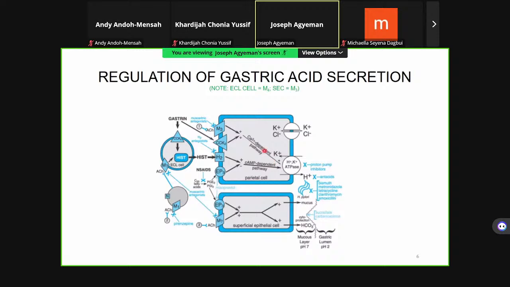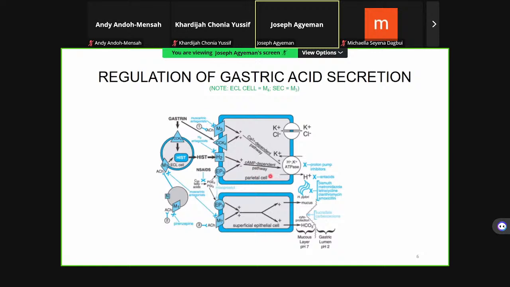In the presence of calcium, the ATPase could be activated, and what happens is that the intracellular hydrogen will be pumped out, and in exchange, extracellular potassium will come in to maintain electrical neutrality within the cell, because the cell is supposed to be balanced in terms of electronics.